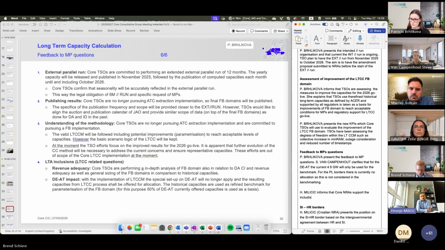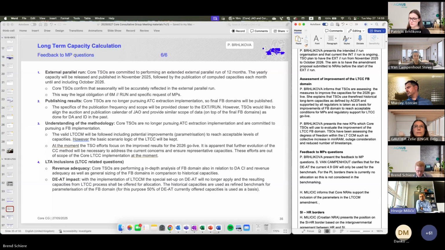And now the question regarding the external parallel run. I was just wondering for this external parallel run, which is now supposed to be 12 months, we of course support it if this will not endanger the go-live.